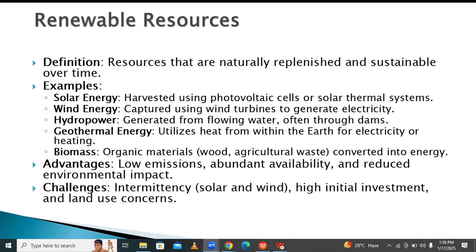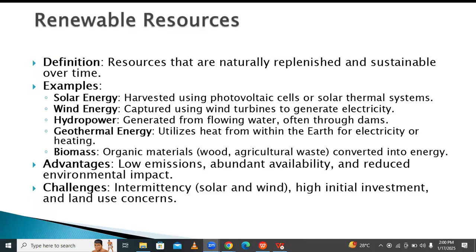Solar energy, wind energy, hydropower, geothermal.